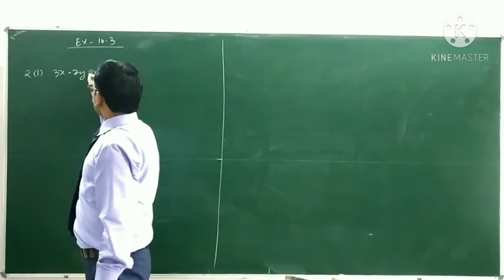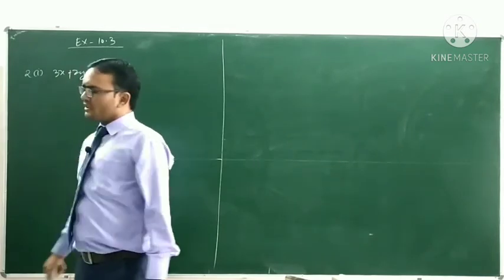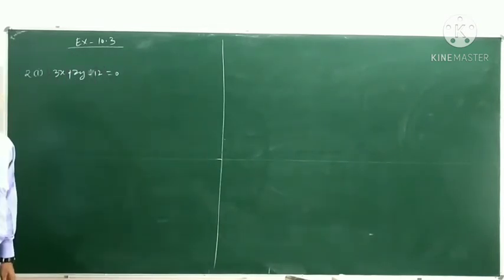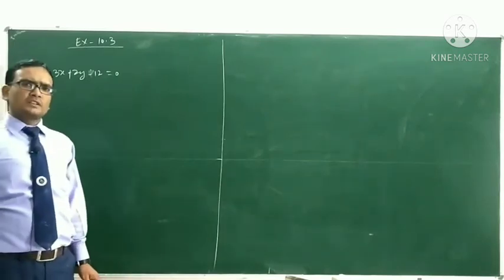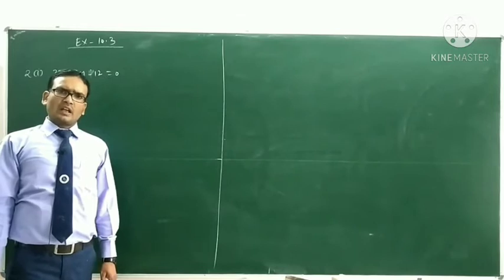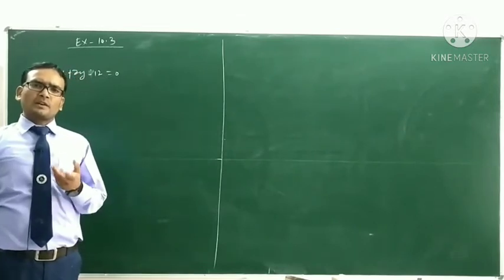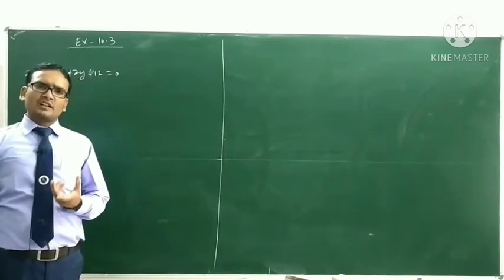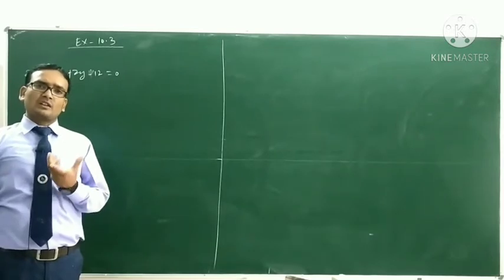We can reduce this equation in the form of x upon a plus y upon b is equal to 1. X upon a plus y upon b is equal to 1 is the intercept form of a line.